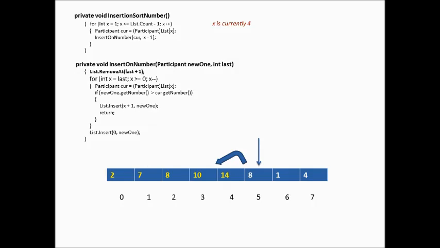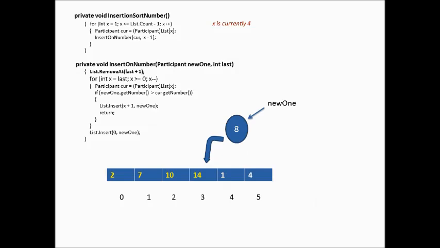Okay, you remember that in the previous slide we said that 8 is now duplicated. So how do we prevent that? Right at the top, with that list.removeAt, we first remove the 8. So the 8 would have been removed, and then when we insert the 8 later on, 8 will not be duplicated. Okay, I hope you will understand what's going on here now.